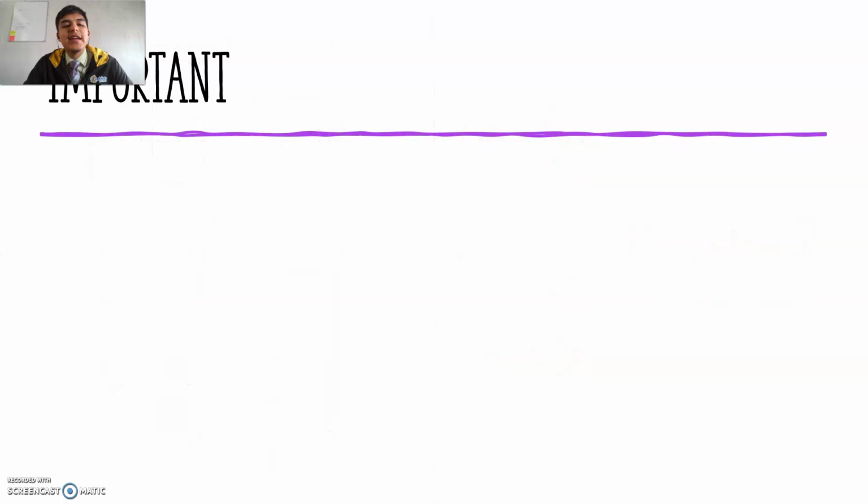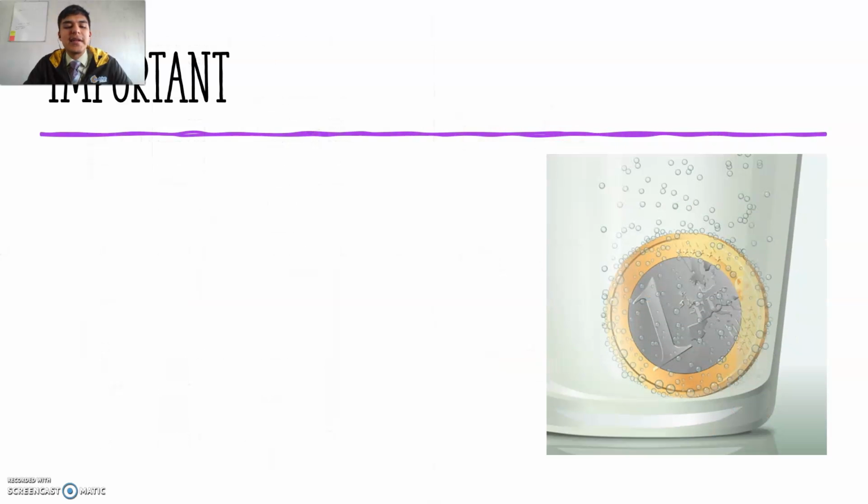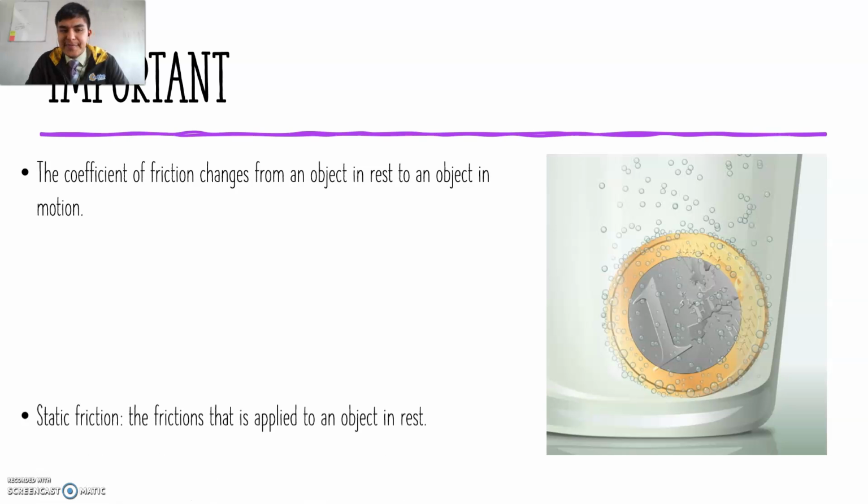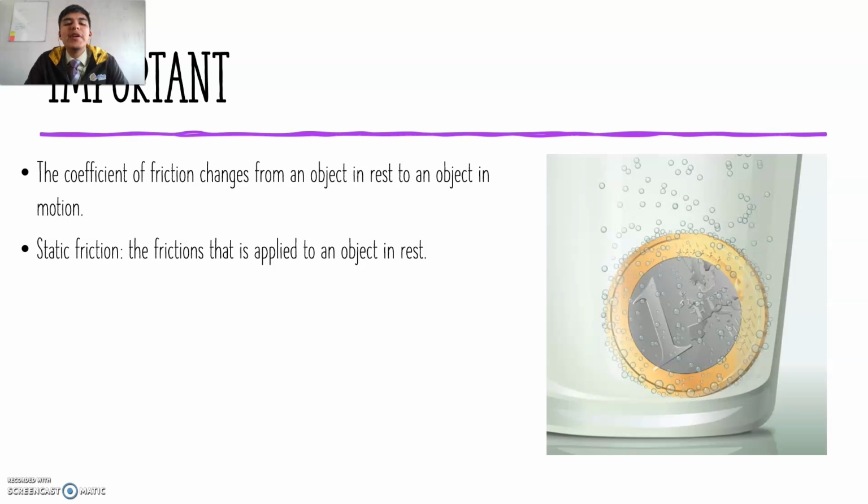Okay. Now we're going to go with some important concepts that are related to this coin in the water. The coefficient of friction changes from an object at rest to an object in motion. So we need to analyze that there are two types of friction. We have the static friction, which is the friction that is applied to an object at rest. Okay?